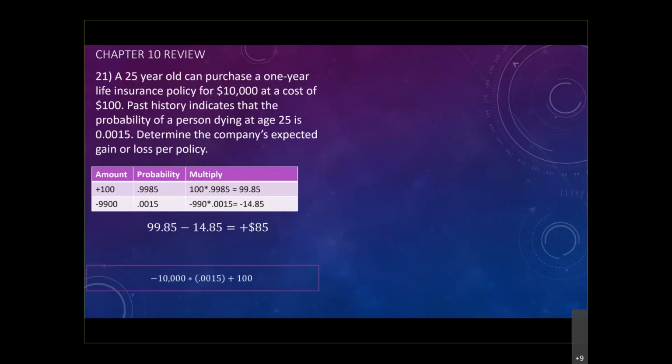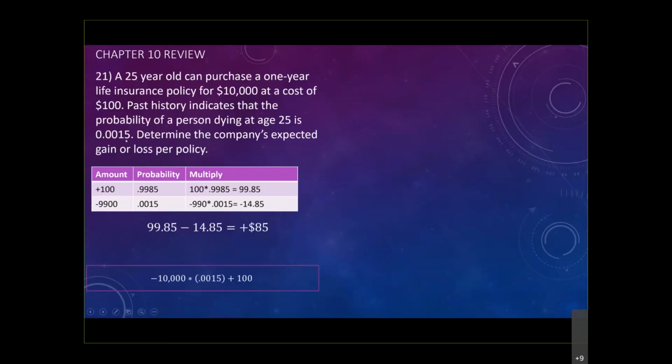In this case, what probability did they give you? We don't know the gain probability, but we know the loss probability. Everybody see that the company will lose 10,000, and the probability of the company losing 10,000 is 0.0015.